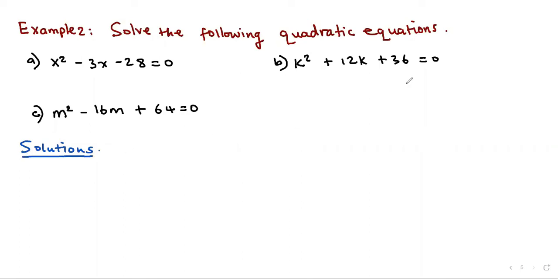And we begin with part A, where we have x squared minus 3x minus 28 equals 0. Now, this one is just in the standard form of a quadratic equation. But I want you to remember that we even learned about this in Mathayom 2, when we were factorizing polynomials like x squared minus 3x minus 28.